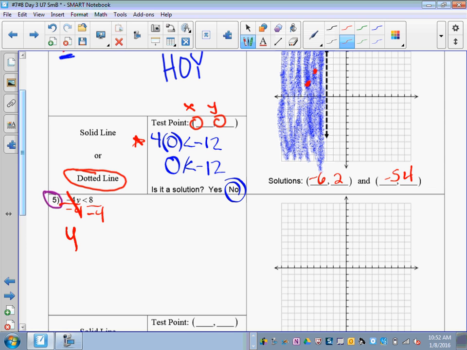And Tayshawn, when I divide by negative, what do I have to do? Switch what? The sign, the inequality. Good. When we divide by negative, we have to flip our sign.